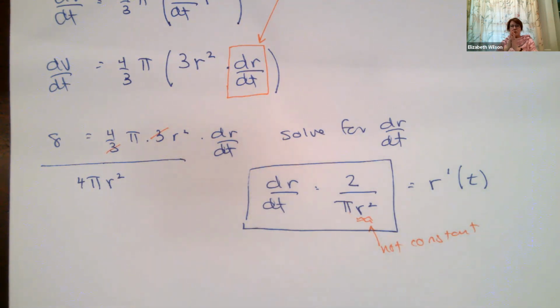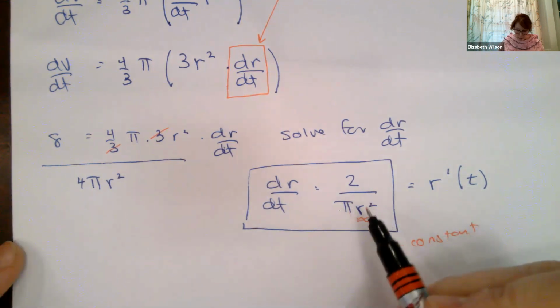It gets really big really quickly at the beginning, and then it's still getting bigger, but much more slowly. My radius changes very quickly at the beginning, but then it slows down.